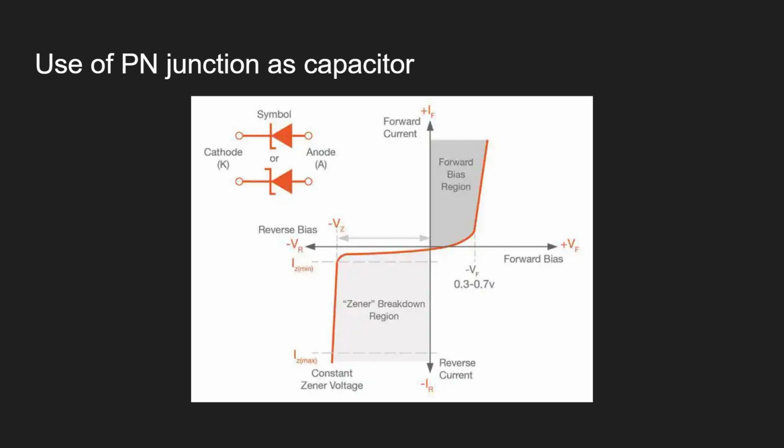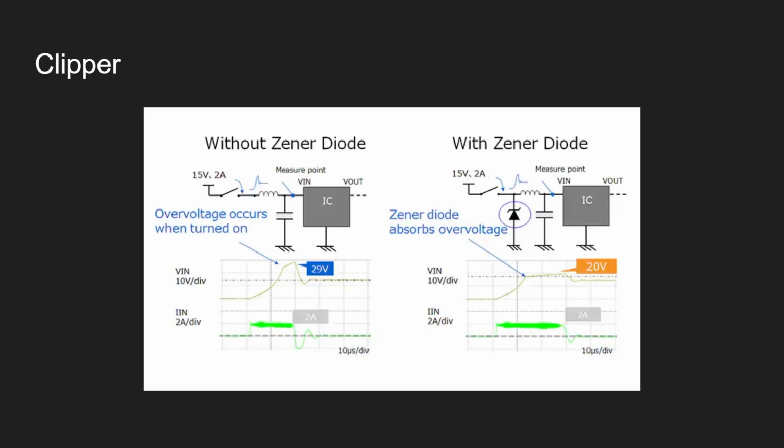If the voltage is very large, the current will just increase quite a little. Like if I increase the voltage by 10 V or 100 V, the current may just increase by 0.1 milliamp or 100 milliamp. So this can help to absorb a lot of voltage. It is just used like a capacitor.